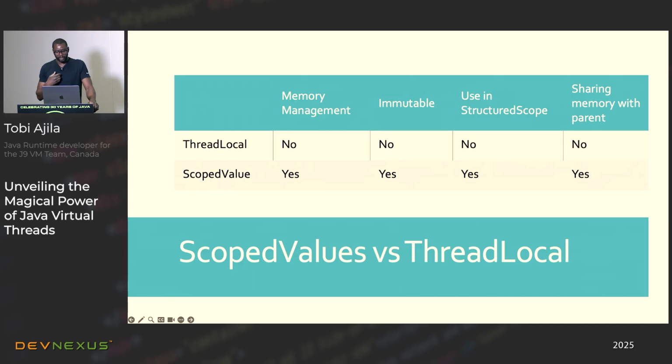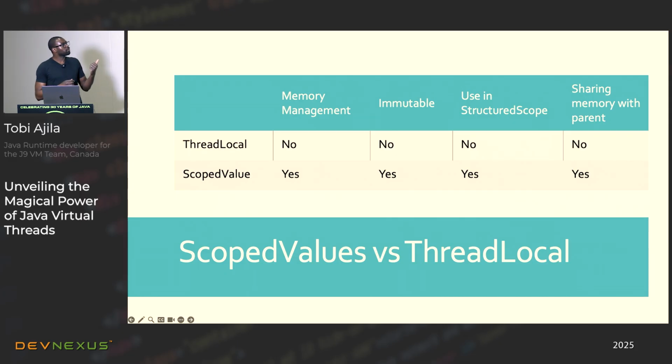And when a child platform thread is created, it inherits all the thread locals from its parents. It copies all the thread locals from its parents. What this means is that if you have a thread creating many threads, you're propagating those thread locals, which uses a lot more memory.